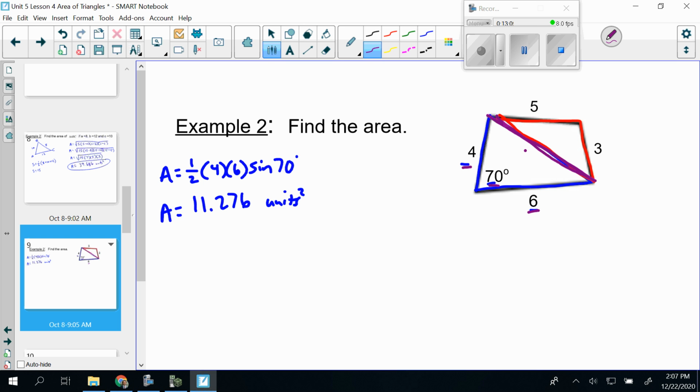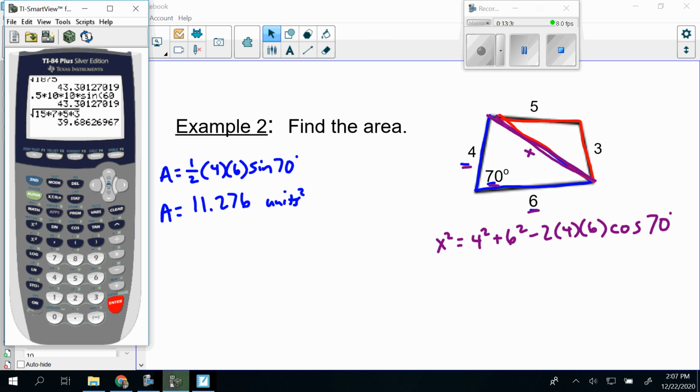So if we want to find this length, we don't have an opposite side angle combination, so we can't use law of sine. But I believe we can use law of cosine to do this. So if I want to find x squared there, it'd be the 2 other sides squared minus 2 times those same 2 sides times cosine of the opposite angle, which is cosine 70. So now let's use law of cosine to find that out. Put that in your calculator and solve.